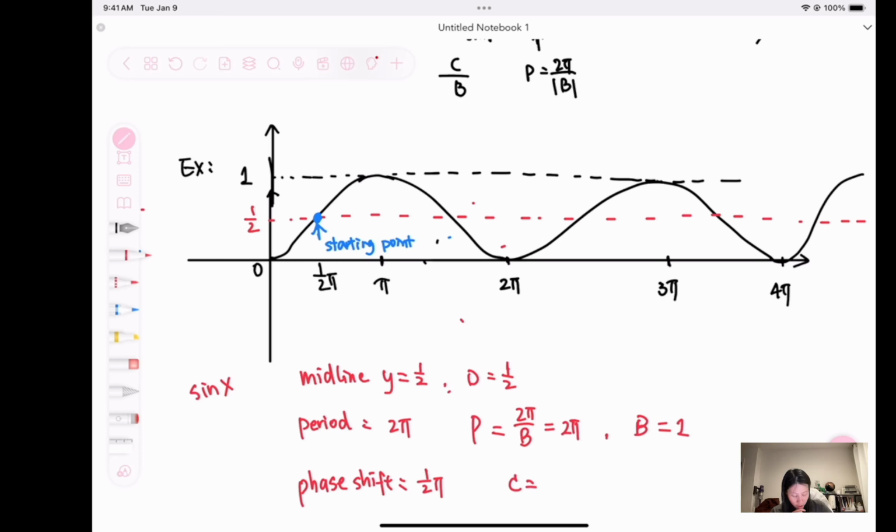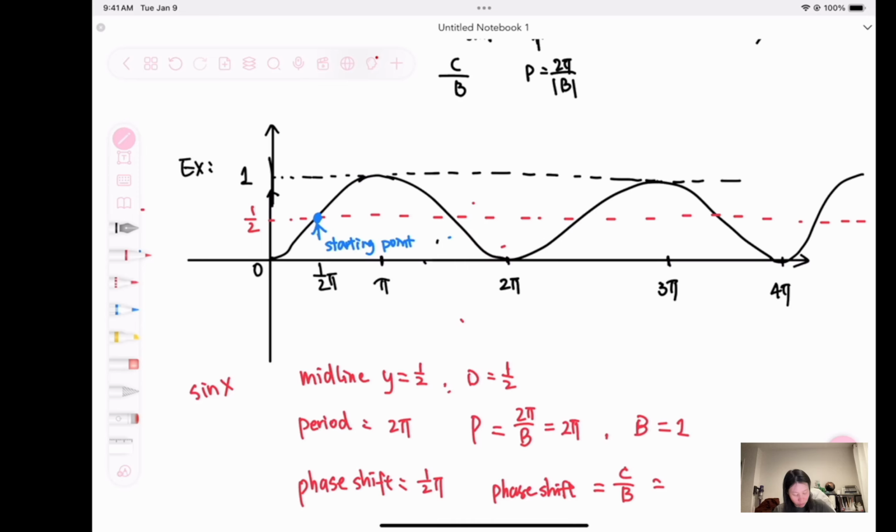Sorry, I should show the steps. Our phase shift is equal to C divided by B. Our C we don't know; that's what we're trying to find now.